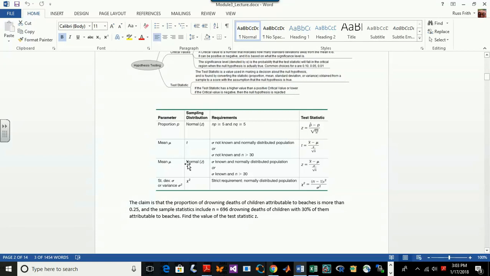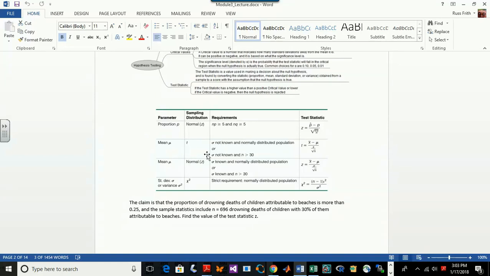Should we use T or Z? Do we know the sample size? What is the sample size for this problem? Let me look at my notes. Okay, N is 17.